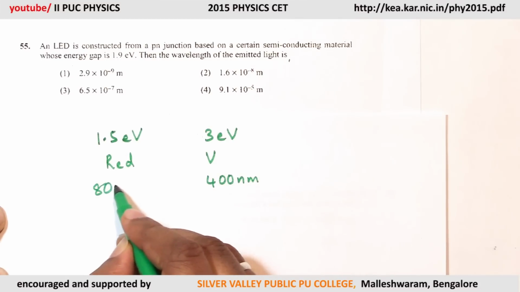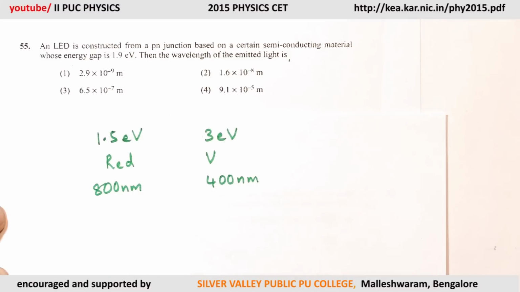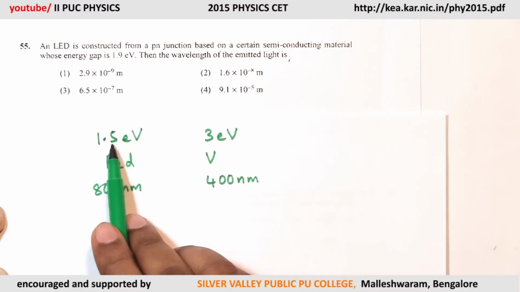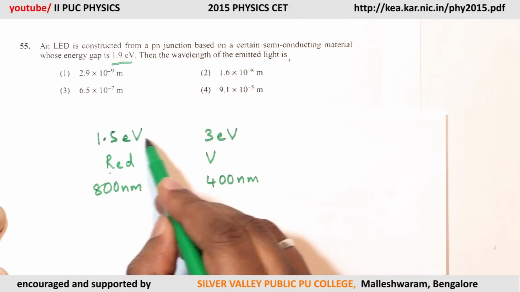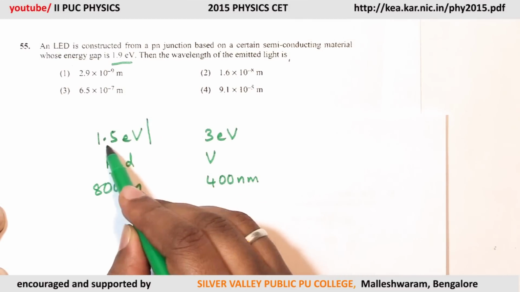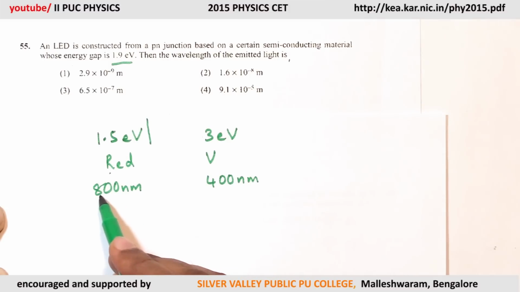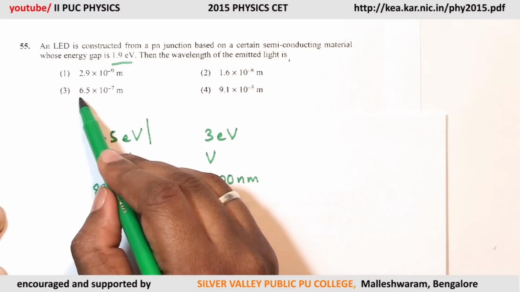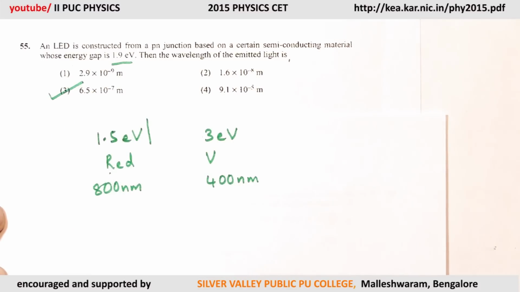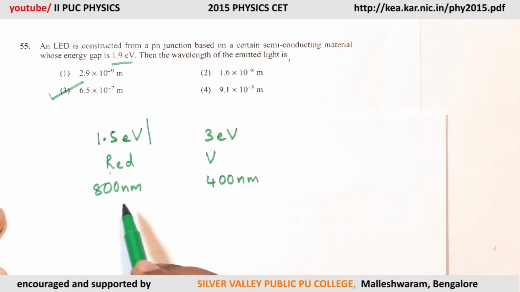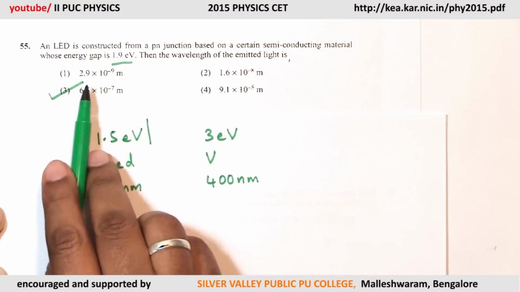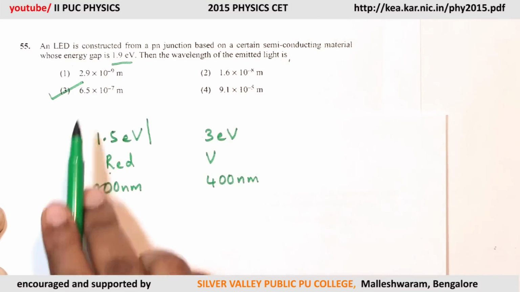Red 800 nanometer. 1.9 is somewhere here, closer to 1.5. So wavelength should be just less than 800. Less than 800 is 650 nanometer. This is how you can guess based on logic. And you can also observe distinct values.